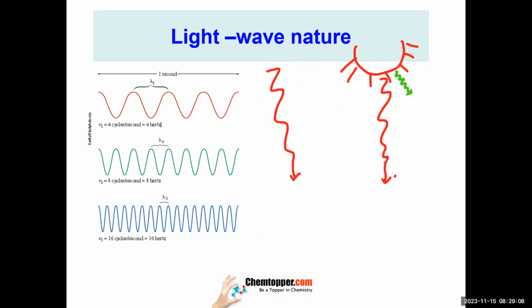So the wavelength is very short. So naturally they cannot reach very close to the earth. These are called gamma rays. Gamma rays have the highest energy and the highest frequency and the shortest wavelength. So they stay very close to the sun only.